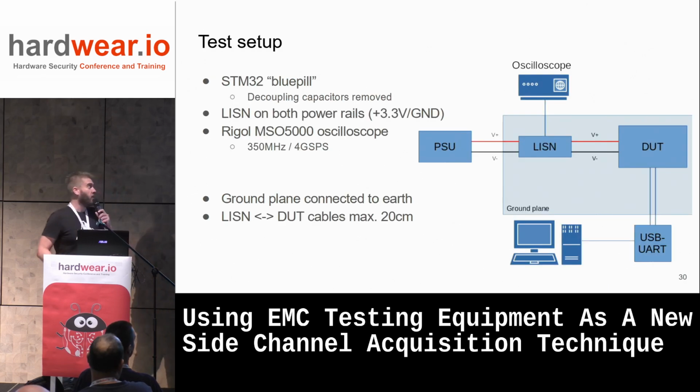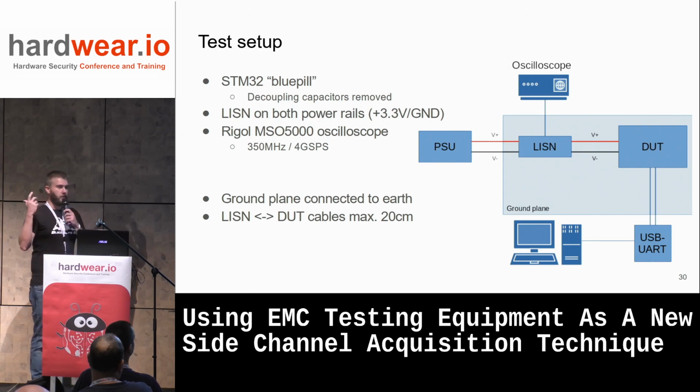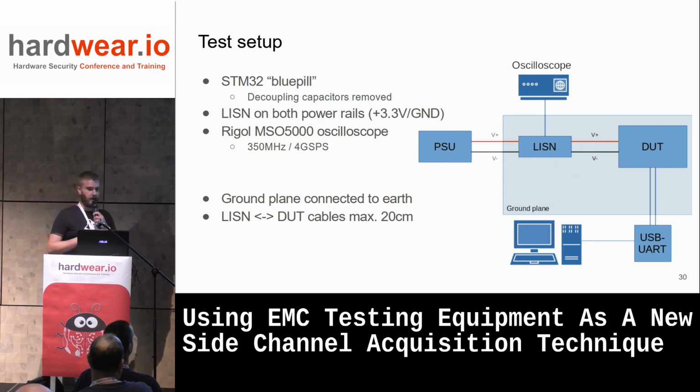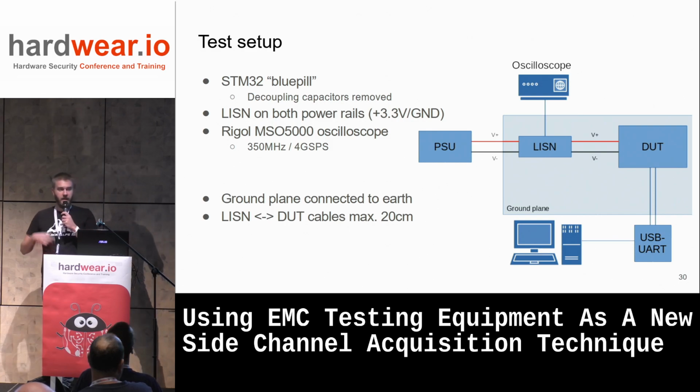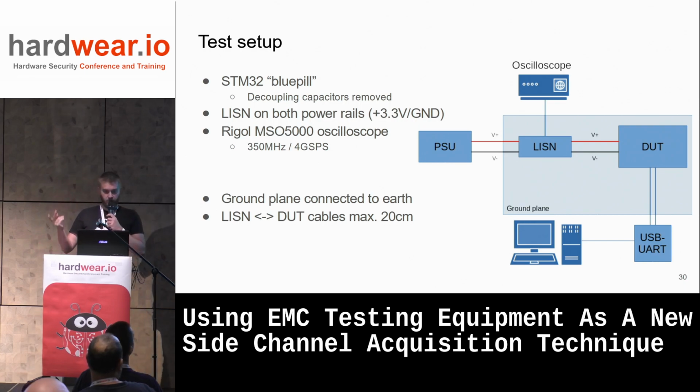So I did more or less the same. I took an STM32. I removed all the decoupling capacitors, the things that you usually do when you want to do side channel analysis. I installed the LISN on both lines.